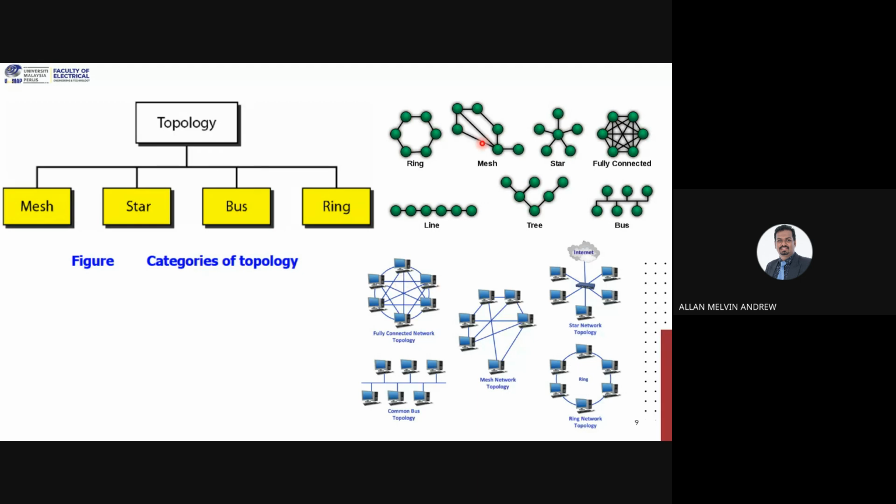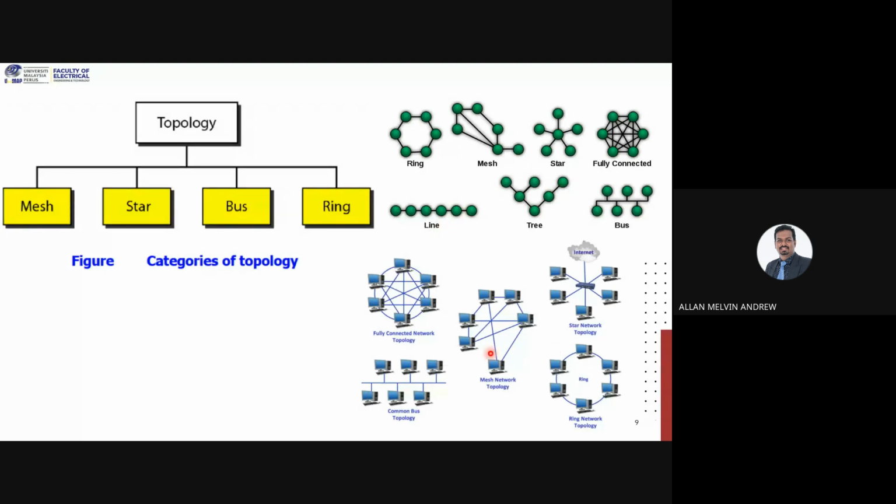Okay, then we have star. Star is like this. All the nodes are connected to the central hub, and the central hub will control all the information. Then we have line, and we have tree.